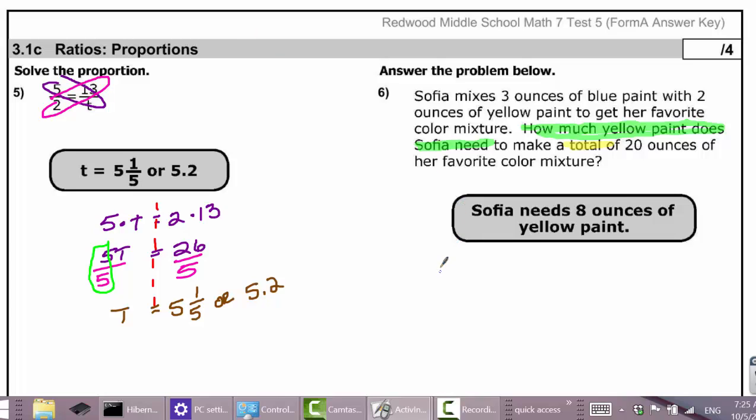That tells us we're going to have the yellow compared to the total. Well, in the original, there were 2 ounces of yellow compared to 5 ounces of total, the 3 blue plus the 2 yellow, giving us 5 total.